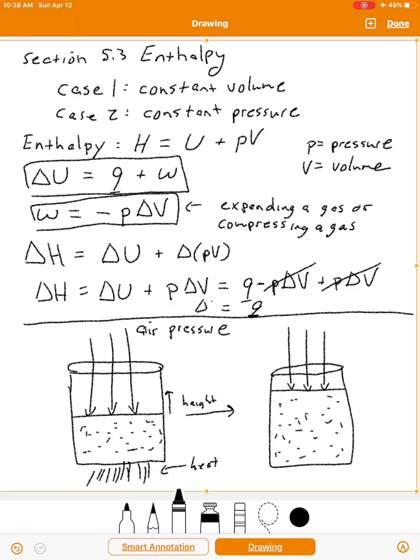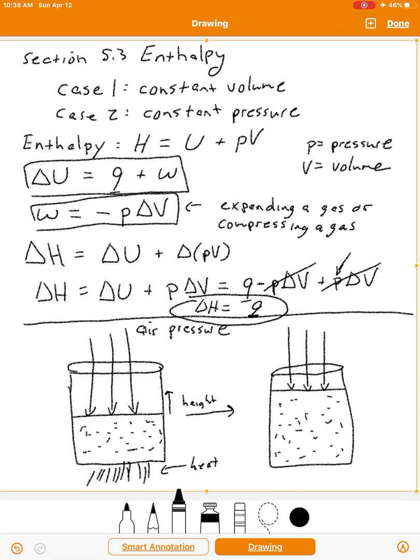So in other words, delta H is equal to Q, but only if we're at constant pressure, because if we're at constant pressure, this P here is a constant. If we're not at constant pressure, if we were at constant volume, for example, then delta V would be 0. So here we have a secondary result.